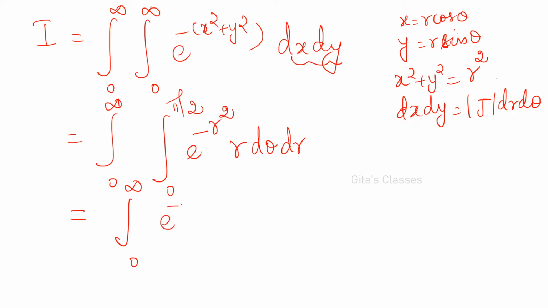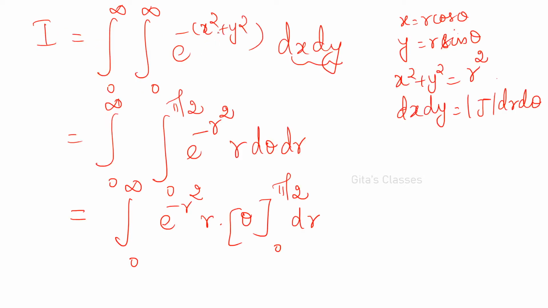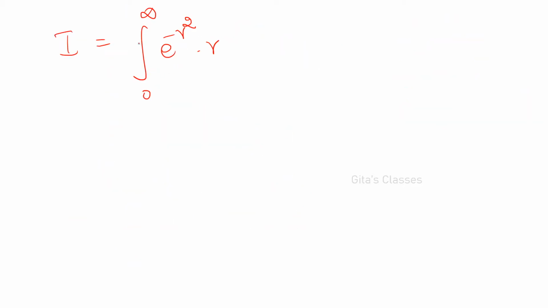Now I am going to integrate e power minus r squared into r with respect to theta from 0 to pi by 2. So the required integral is integral 0 to infinity e power minus r squared into r into dr. If you substitute theta as pi by 2, I am taking it outside: pi by 2 into e power minus r squared into r into dr.